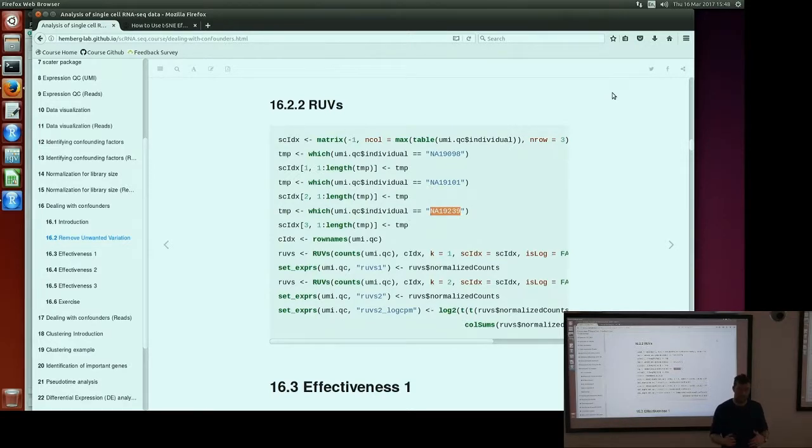In RUVS, instead, we're saying these samples, in our case particular sets of cells, are in some sense replicates of each other, and variation within one of those replicate sets should be mostly technical, but we want to retain variation between these sets, because variation between the sets is the biological variability that we're actually interested in studying.